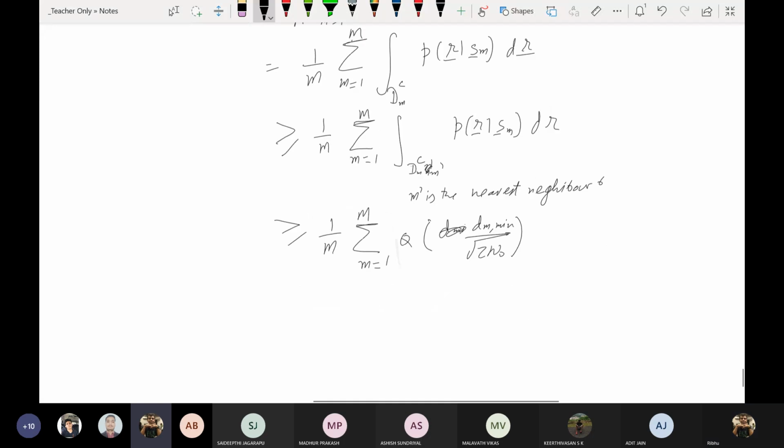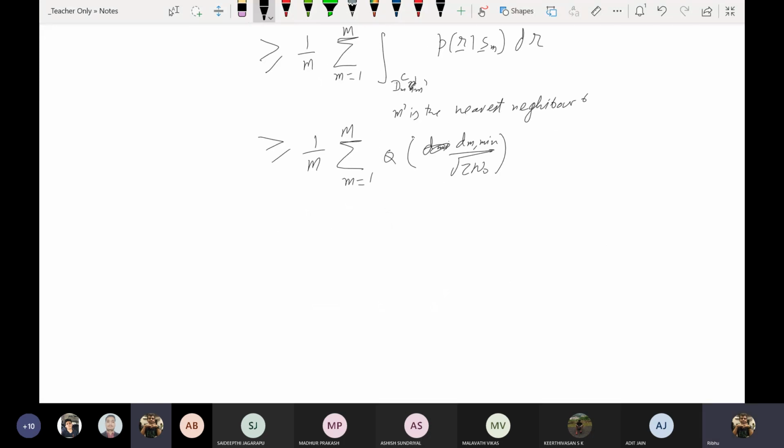So what this reduces to is that 1 over M is greater than or equal to Q of d_{m,min}. Only then will this remain the bound, because all the constellation points may not have a nearest neighbor.